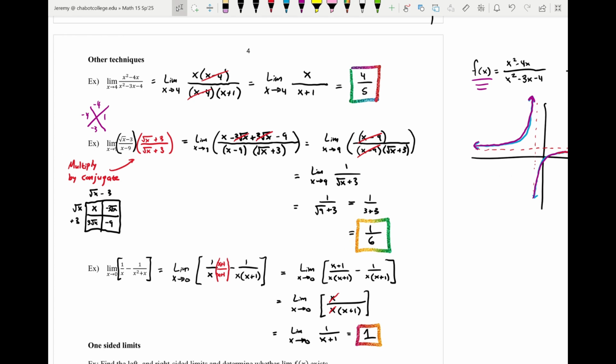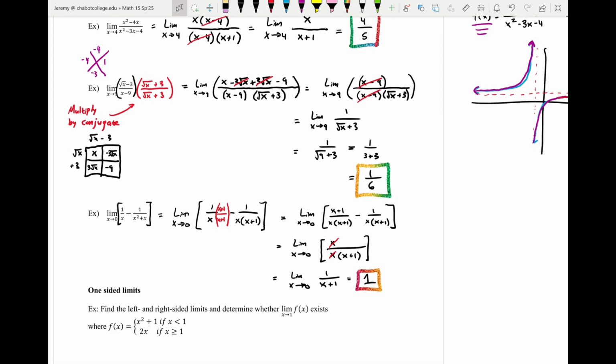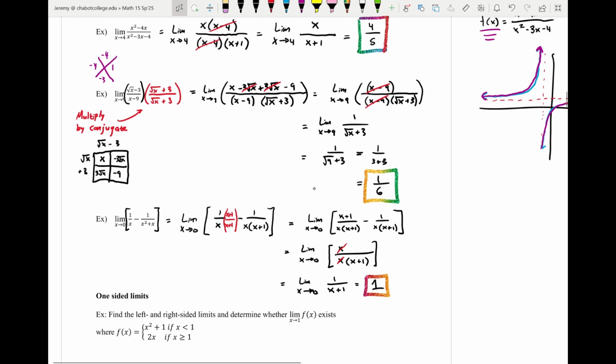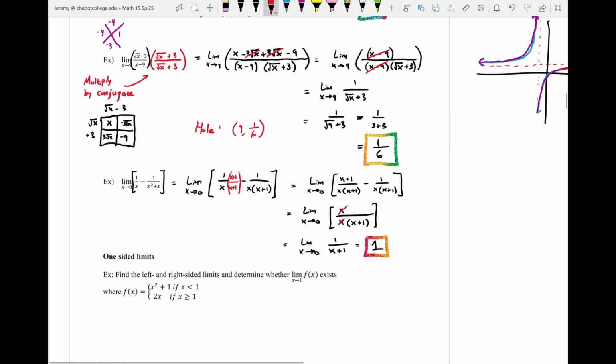So in each of these examples, and you could use your graphing calculator to confirm this, we just have holes in the graph at each of these values. Like for this second function, it turns out we have a hole in the graph at the ordered pair (9, 1/6), right?